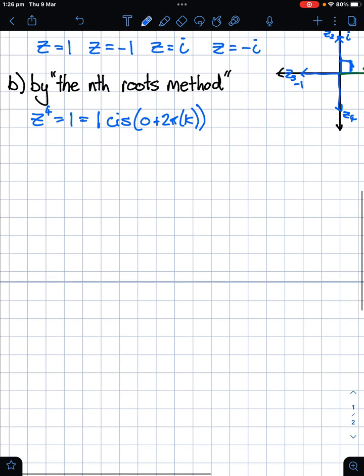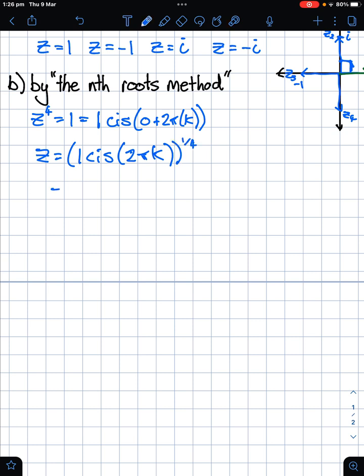So now we've got De Moivre's theorem. We're going to take the quartic root of both sides. So we're going to have 1 cis, and now 0 plus 2k pi, or we can get rid of the 0 and just go 2 pi k. Now, any of these numbers can be represented as a complex number, and this is to the 4.